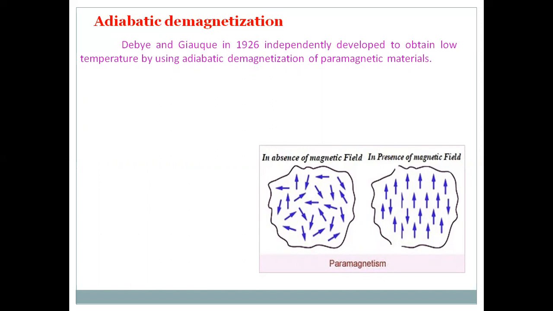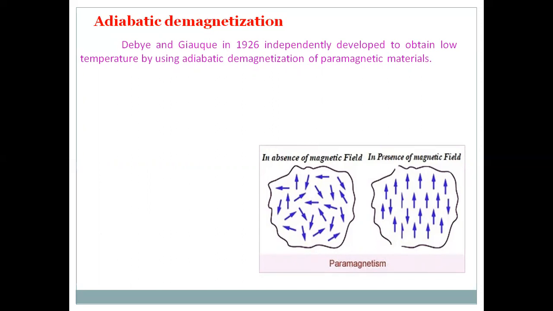What are paramagnetic materials? We know there are three types of magnetic materials. One is ferromagnetic material, second is diamagnetic material, third is paramagnetic material. In a ferromagnetic material placed in a magnetic field, it attracts the magnetic lines of force into the substance, so the intensity of magnetization increases.